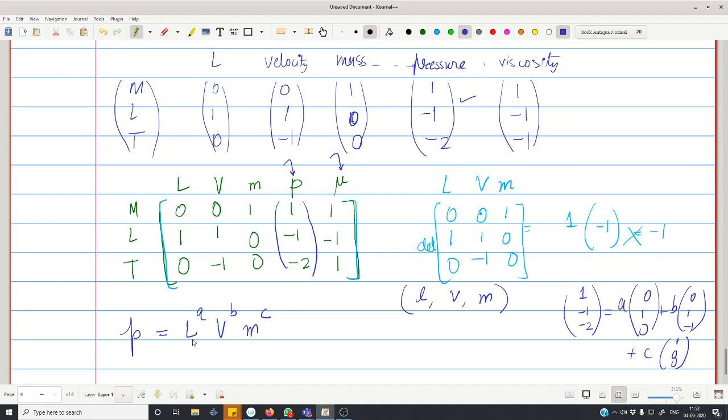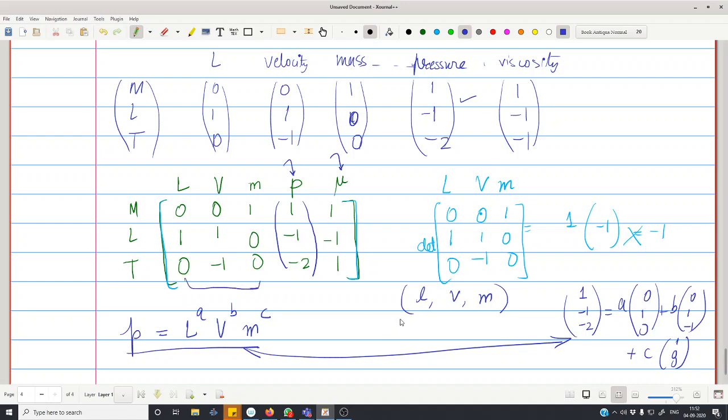So these two statements are equivalent. It is nothing but finding the appropriate linear combination terms A, B and C to find what the dimension 1, minus 2, 2 will be through a combination of L, V and M.